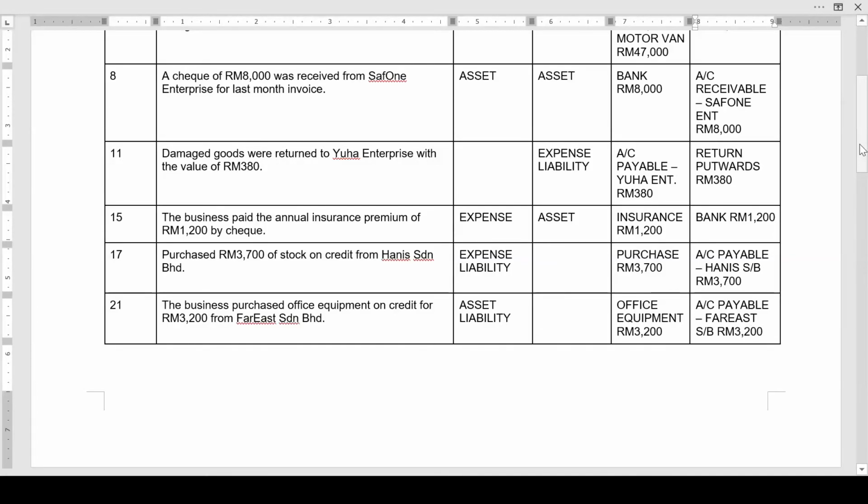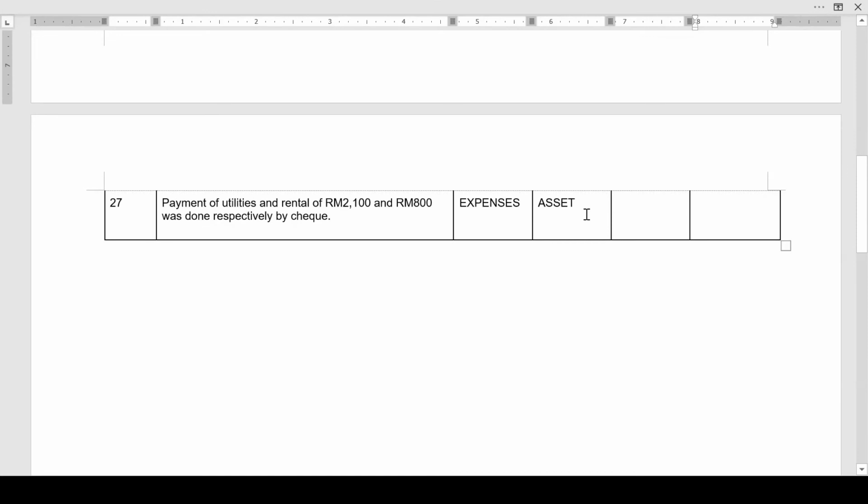And the last one: increase in expense, decrease in asset. Increase in expense, you debit, but which expense account to be debited here? You can either do it separately or combine. If I want to do it separately, it would be like this: utilities RM 2,100, and then bank RM 2,100.